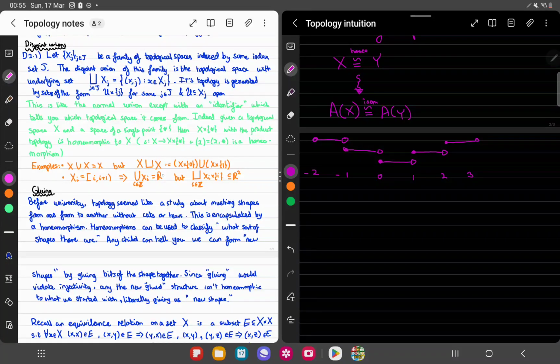If you were to argue this rigorously, what you'd end up saying is you have the union of a bunch of subsets of R, and so the union on the left-hand side is a subset of R, and any point in R is either an integer, in which case if it's an integer i, then it's in x_i, or it's not an integer, in which case it's between two integers.